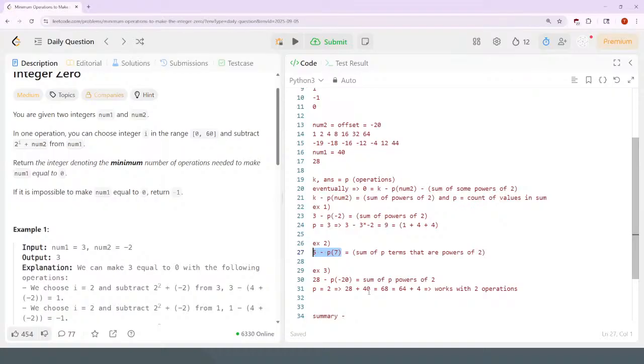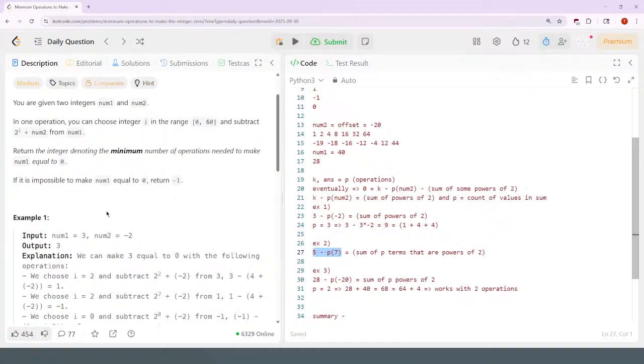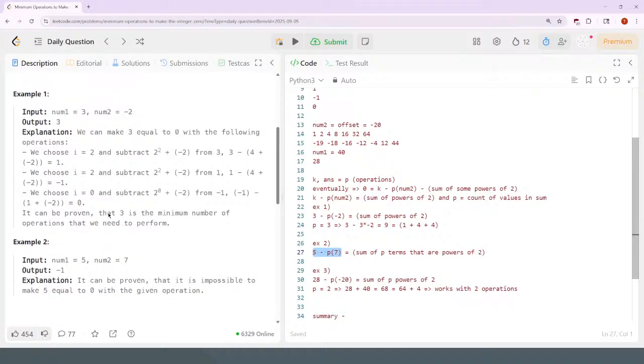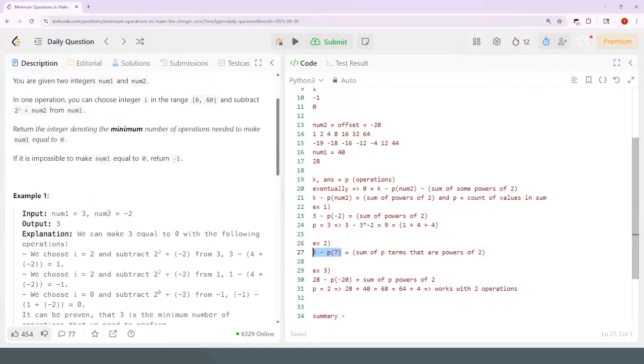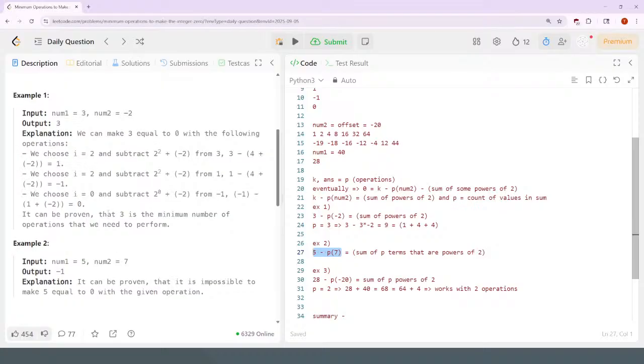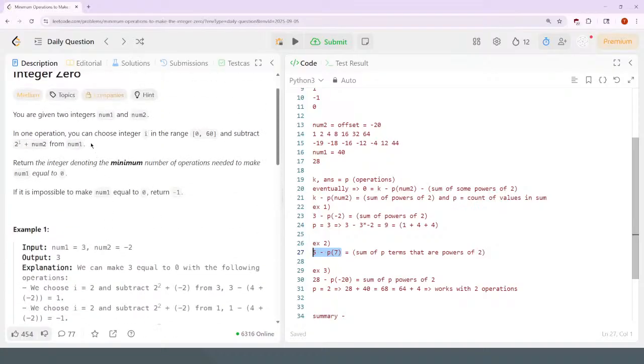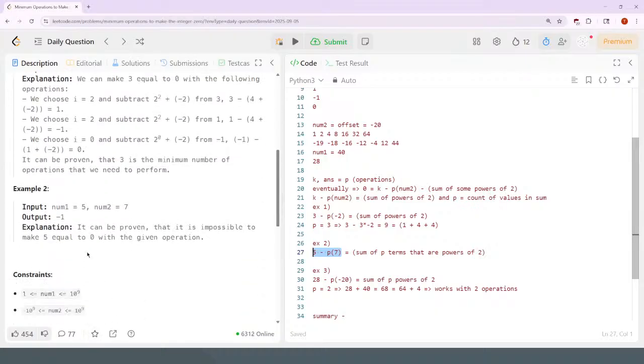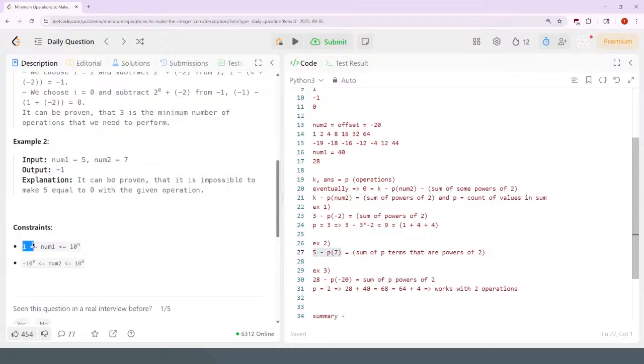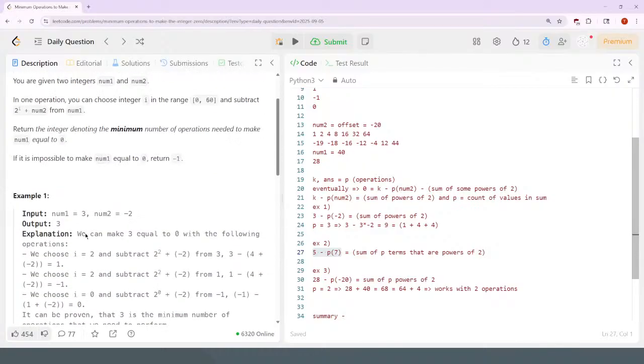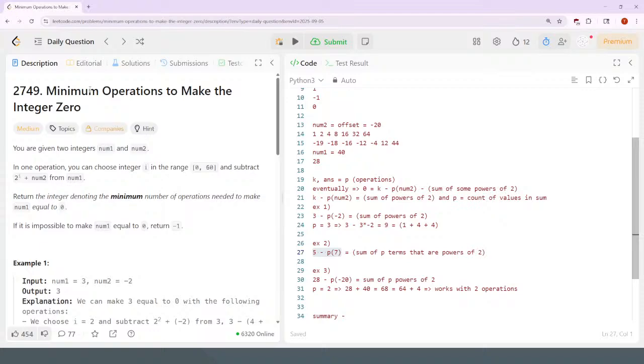So I know that if I make a certain number of moves, a certain number of operations, I know. Actually, does it have to be at least one operation? I guess num1 isn't initially equal to 0, so it can't be 0 operations. Okay.